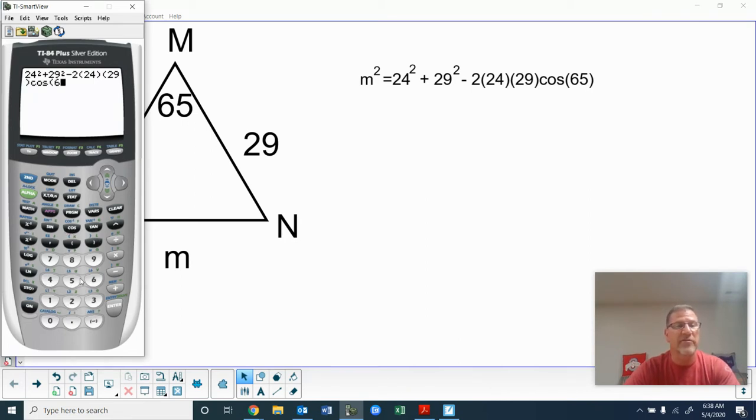Now I start with that parenthesis, 65, so close it up. Now remember, make sure you're in degree mode on your calculator. If you're using this calculator, hit the mode button, make sure degrees is highlighted. If not, change it, make sure it's highlighted. All right, and hit enter.